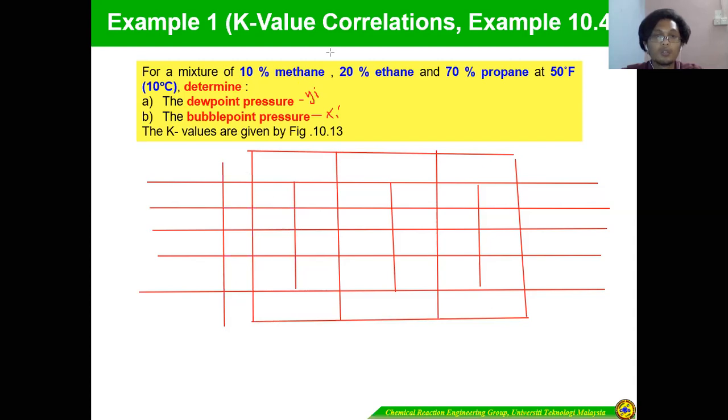Similarly, this one is xi. This is 1, 2, 3, 0.1, 0.2, 0.7. This one is total yi equal to total xi Ki, make sure it's equal to 1. Ki, and then xi times Ki.